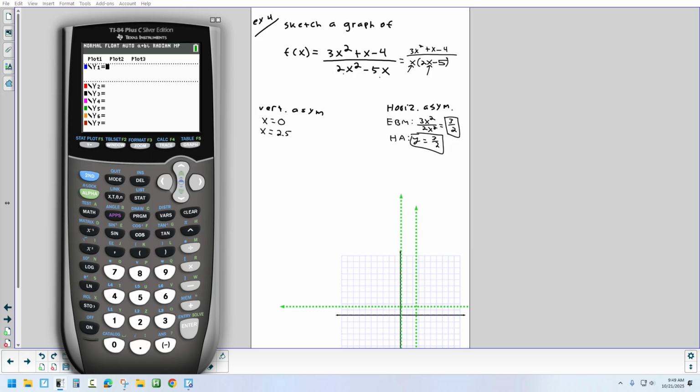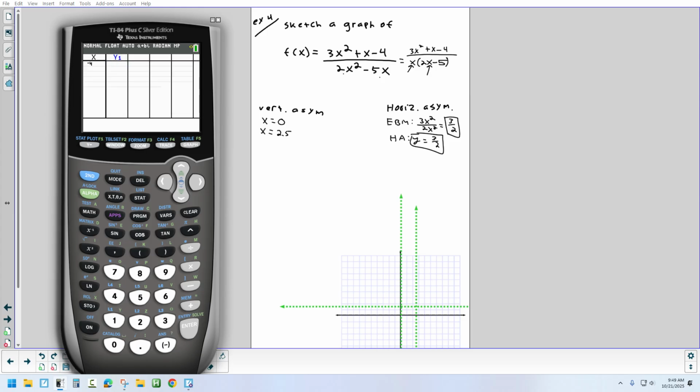All right, so we've got 3x squared plus x minus 4, divided by 2x squared minus 5x. Let's check our two asymptotes and make sure those numbers are what we thought.